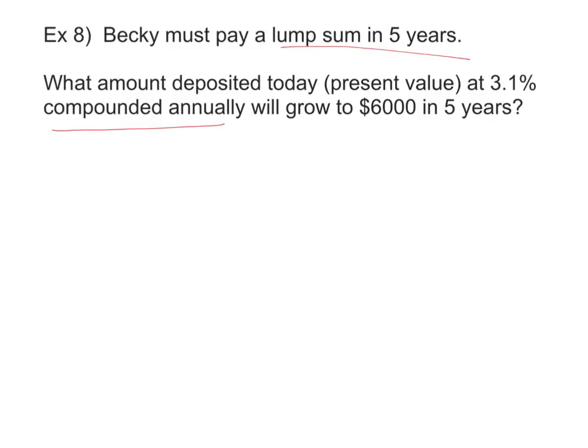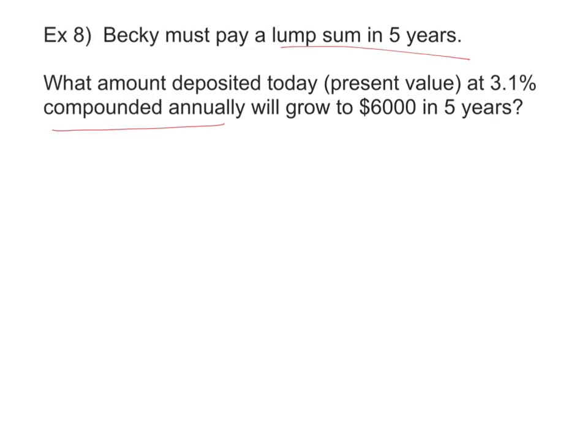So the moral of the story is, she's got to have a payout here in 5 years. I want to know what do we have to start with so that it makes enough money in 5 years to make it a $6,000 payout? That's the question.